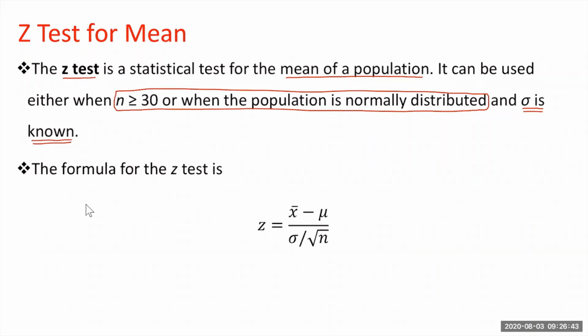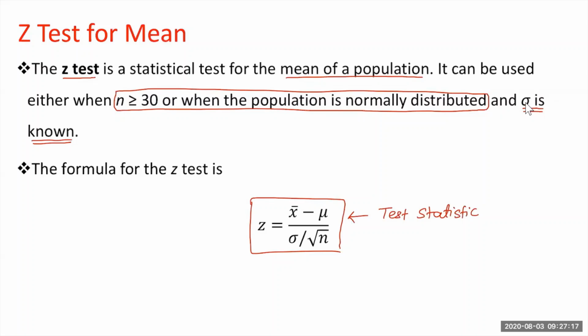Then, to find the test statistic, the formula for the z-test is given by this formula. Because while performing the hypothesis testing, we need to calculate the test statistic. The test statistic is given by this formula: the sample mean minus the population mean, divided by the population standard deviation divided by the square root of n.